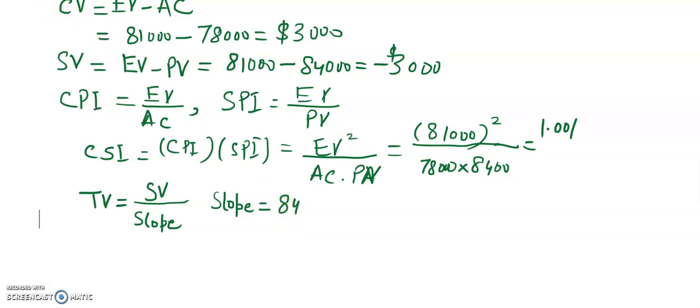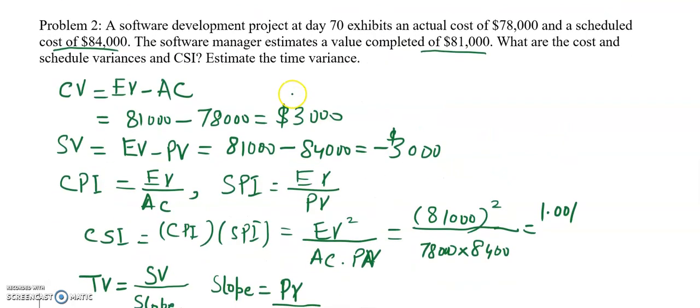It is the total planned value divided by the total number of days, 70 days.